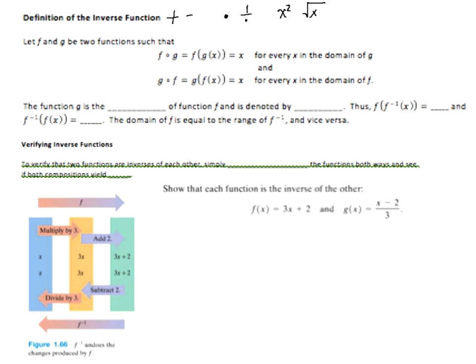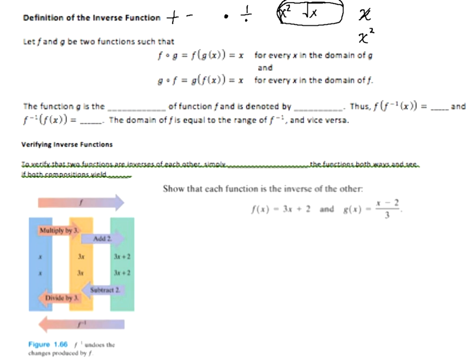Let's take a look at squaring and taking the square root, because there's something that comes out of looking at these that's very important. If I start out with a variable x and square it, it looks like x squared.